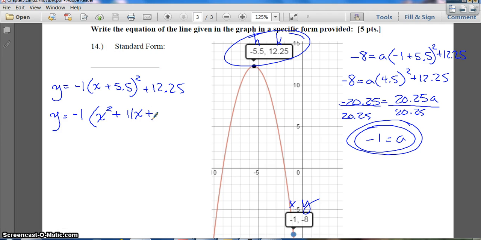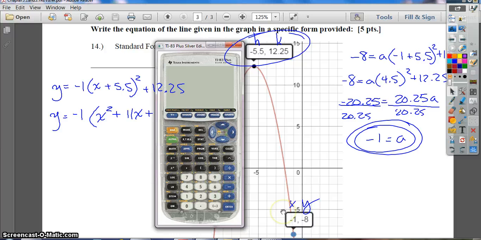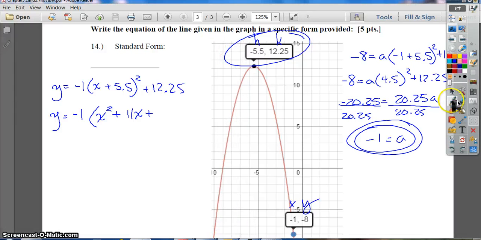5.5, that's squared. Let's pull up the calculator here quick to see what 5.5 squared is. 30.25. Okay, so we can handle that. So 30.25 plus 12.25.